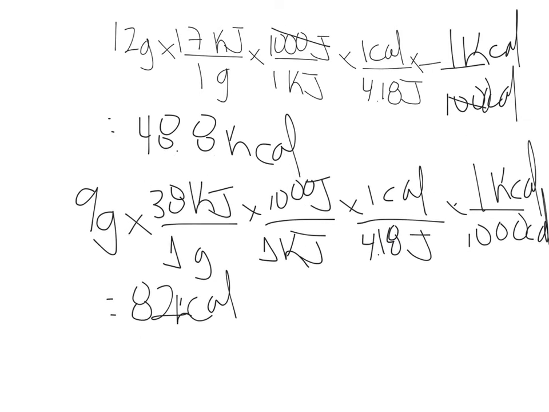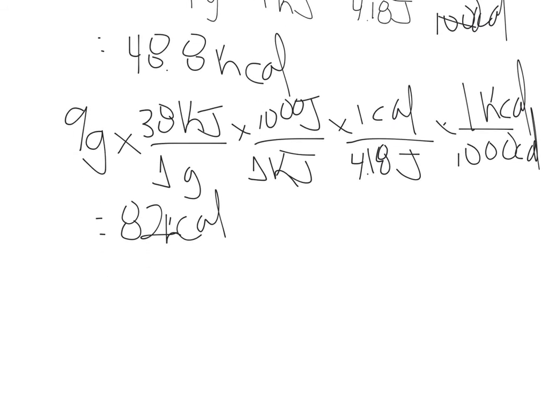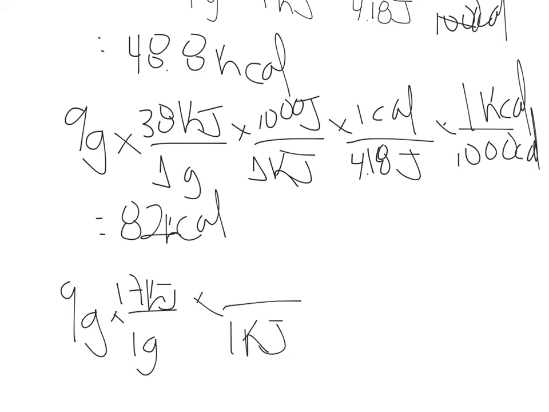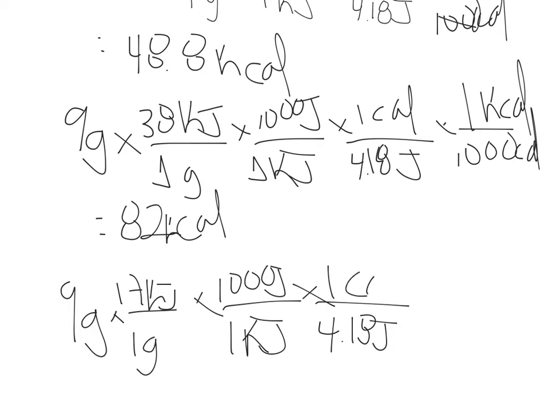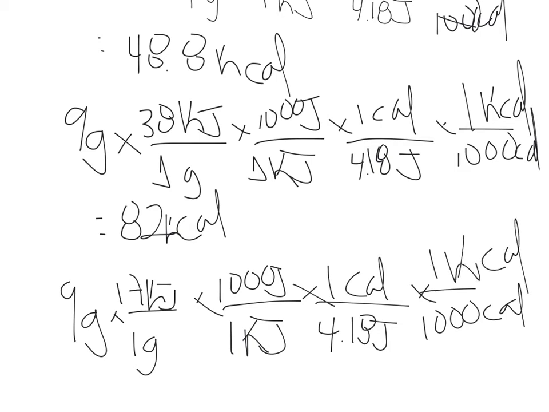And then we do the calculation for protein. 9 grams of protein times 1 gram, 17 kilojoules. Kilojoules to joules. Joules to calories. And calories to kilocalories. And the answer here is 36.6 calories.